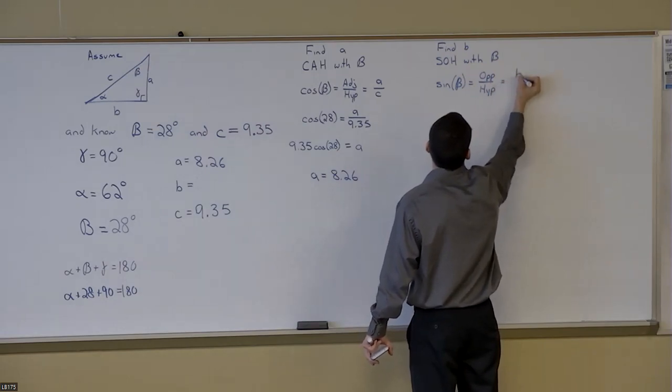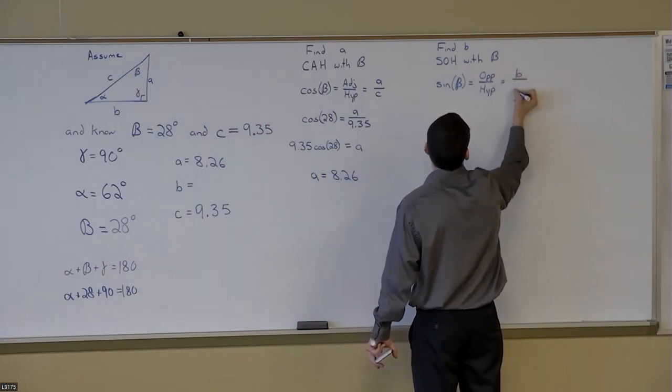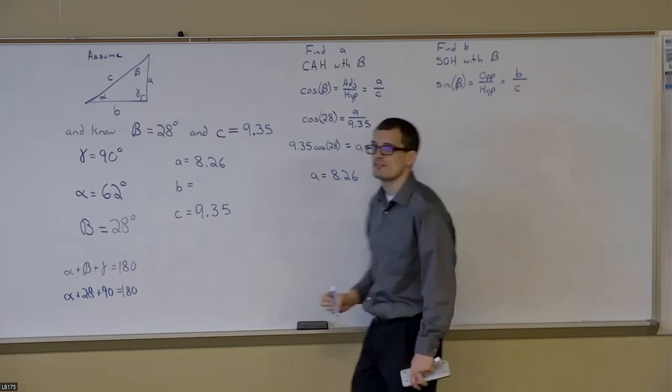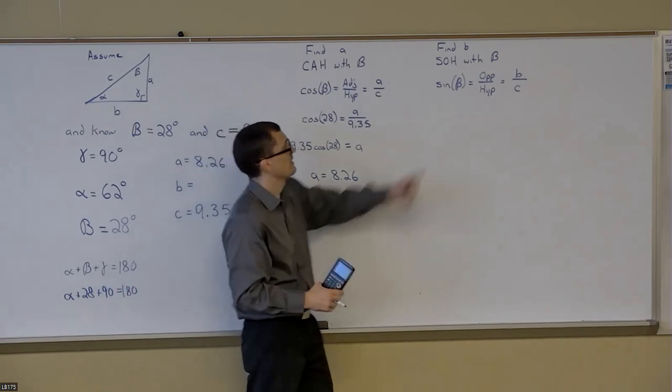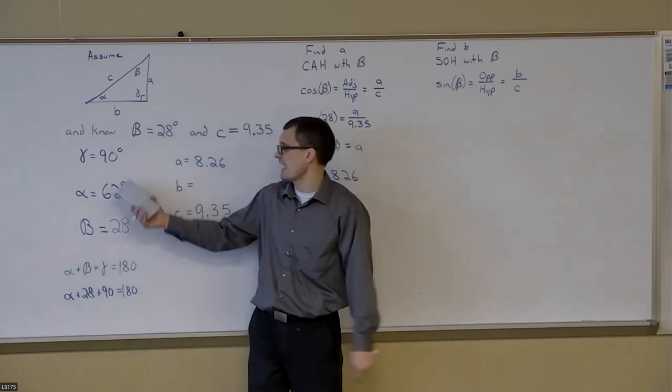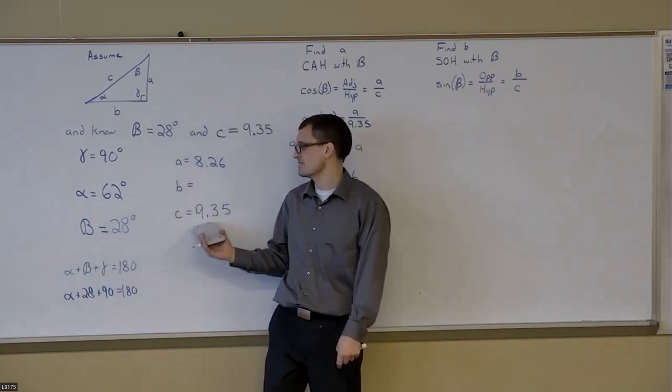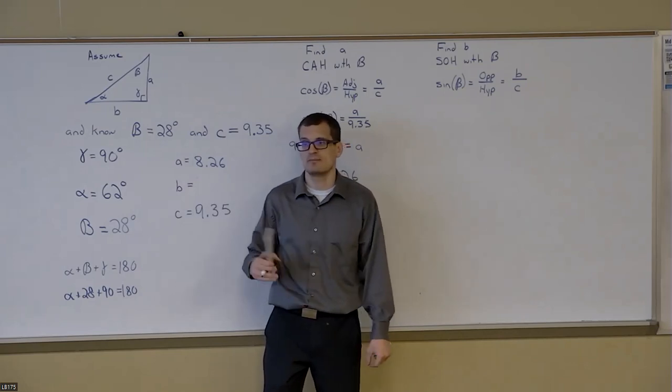The opposite of beta is b, the hypotenuse is c. And now I'm using beta, which is a number that had not been rounded, and I'm using c, which is also a number that had not been rounded.